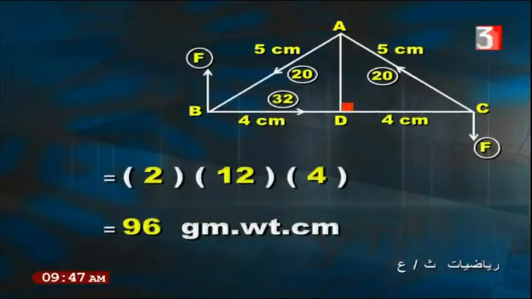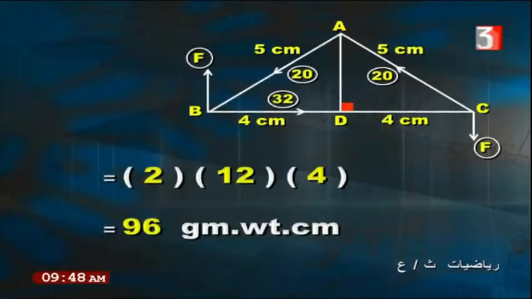Remember, my dear student, if we have two forces which act at B and C in the opposite figure, these two forces also form a couple. The distance between them equals 8. What is the value of F? It is very easy. Why? Because it is equivalent to a couple. We have two couples. The first couple is 96, the second couple equals F times 8.